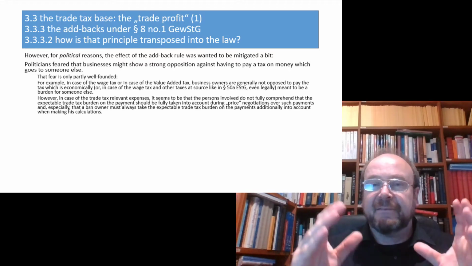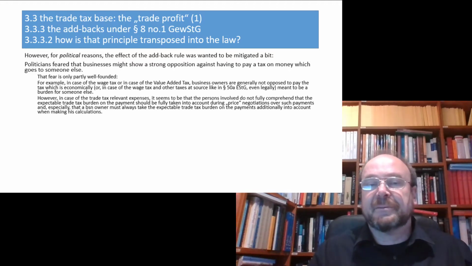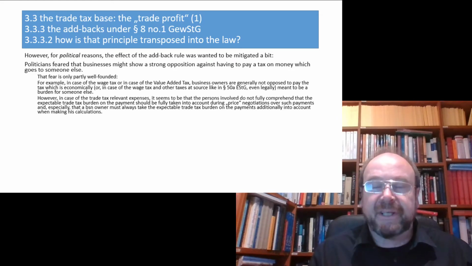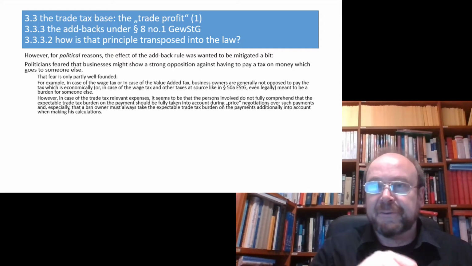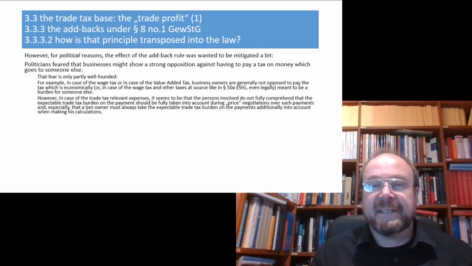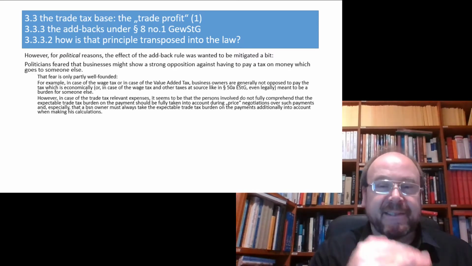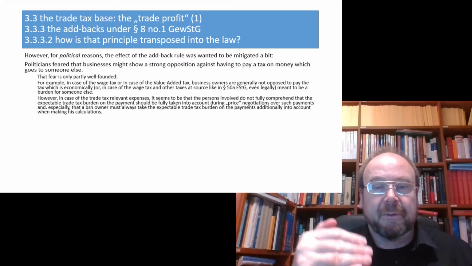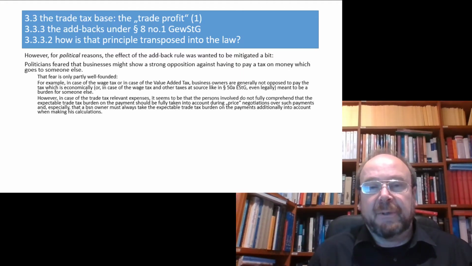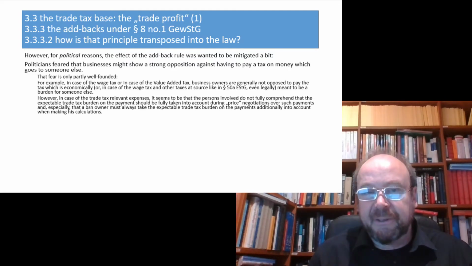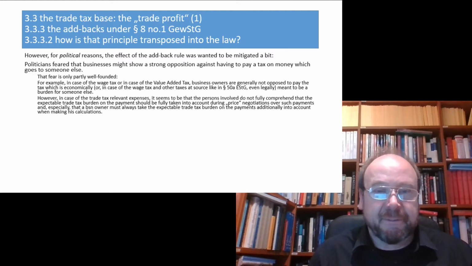If you know that in advance, the market forces could probably bring along a proper outcome also. At least you would know as a business owner, if I sign, let's say, a contract which obliges me to pay 6,000 euro lease payments, that is economically equivalent, let's say, to 8,000, including trade tax on top. So that would not really be impossible if business owners were educated enough and would care for the consequences.